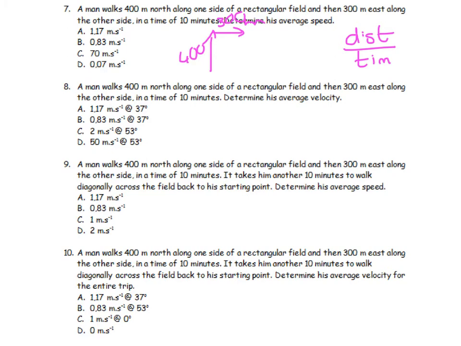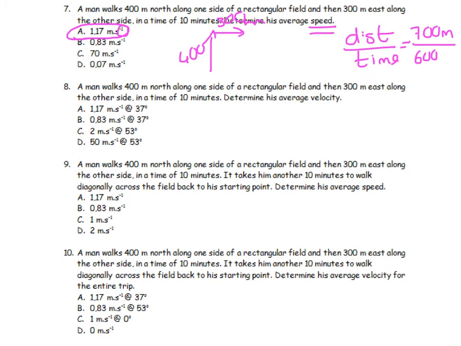So I'm going to take the 700 meters, and I'm going to divide it by how many seconds? 10 times 60, which is 600 seconds. And I land up with 1,17 meters per second. Again, we're talking about speed, so look at the unit, it's meters per second.